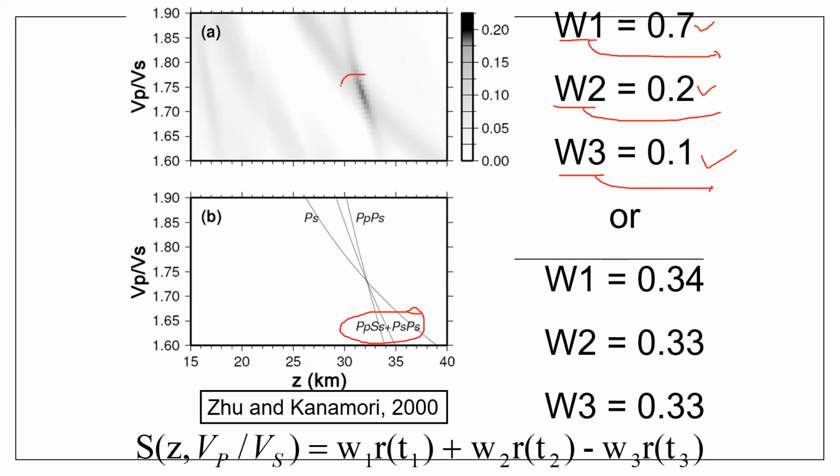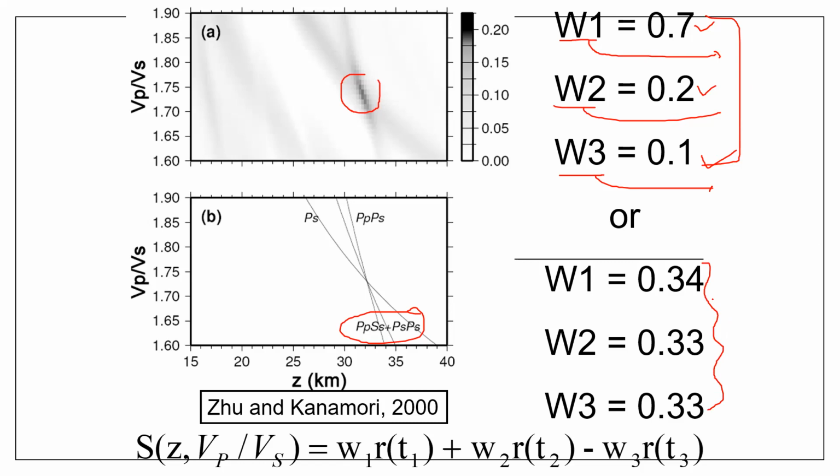And the solution is this. Likewise, you may consider another set. One thing you must remember is that the sum of the weights should always add up to 1. So 0.7 plus 0.2 plus 0.1 should be equal to 1. Likewise, in this case also, the sum of the weights should be 1.